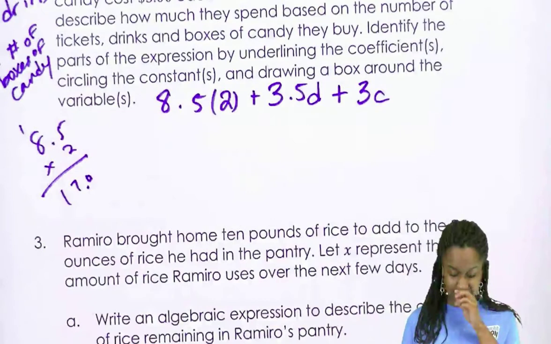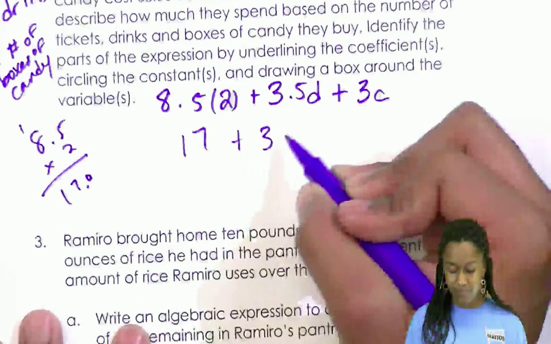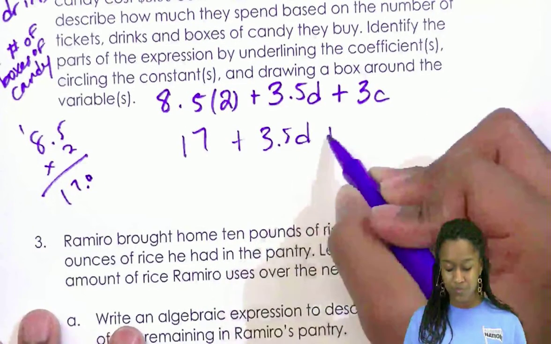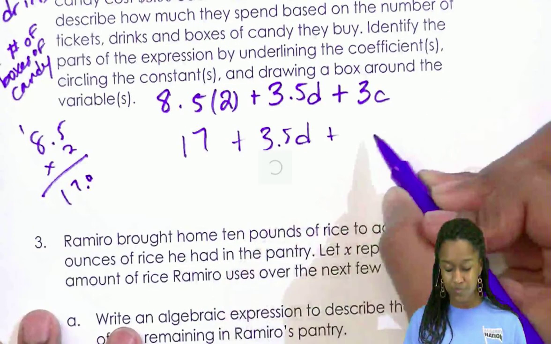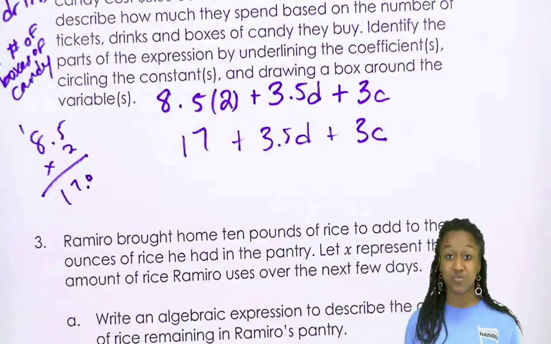That will give us $17 for the ticket total. All right, so we have our algebraic expression here, right?